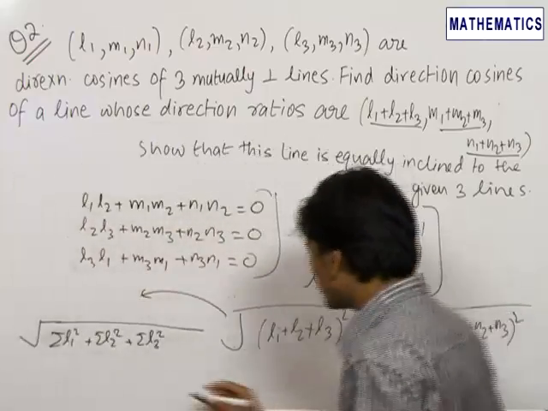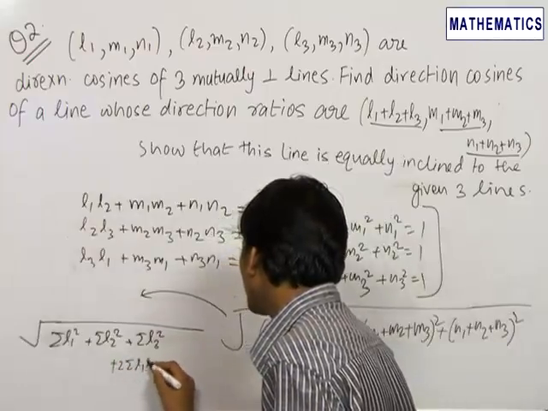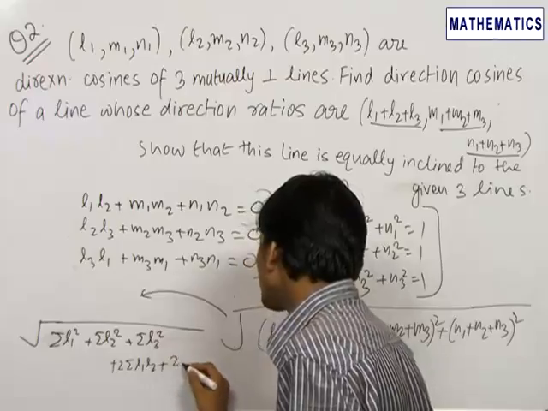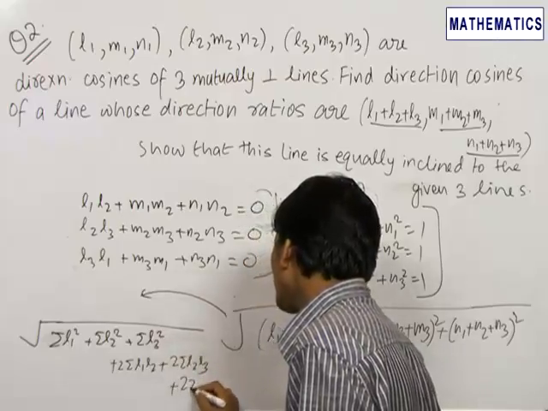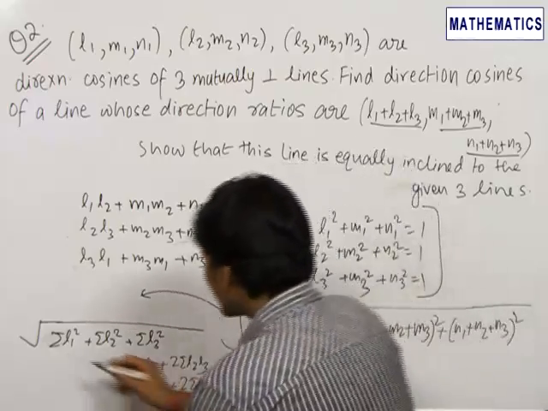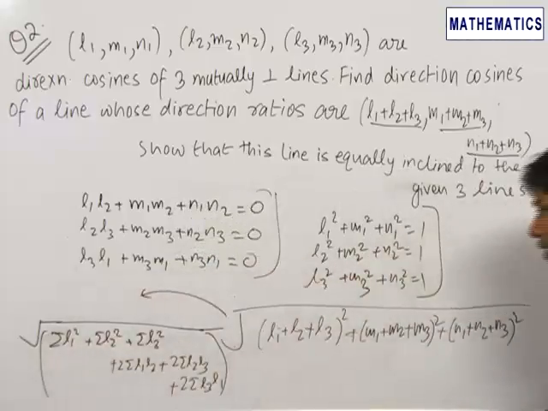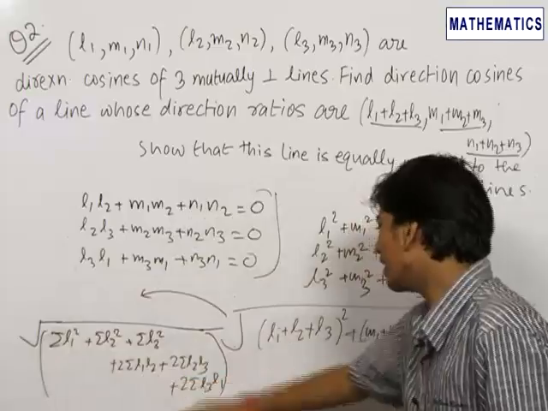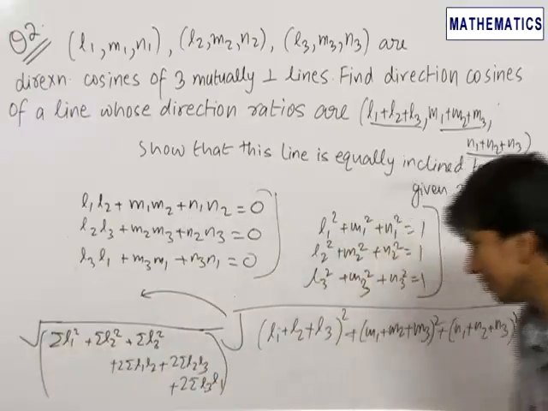Now we will also get terms of 2 times summation L1 L2 plus 2 times summation L2 L3 plus 2 times summation L3 L1, all inside this root over. Summation L1 L2 means L1 L2 plus M1 M2 plus N1 N2, and similarly for these two terms.